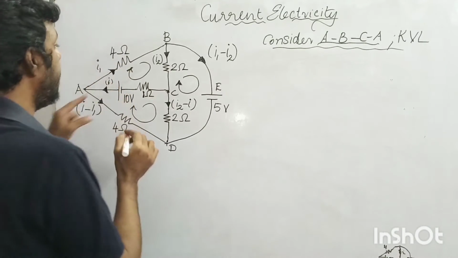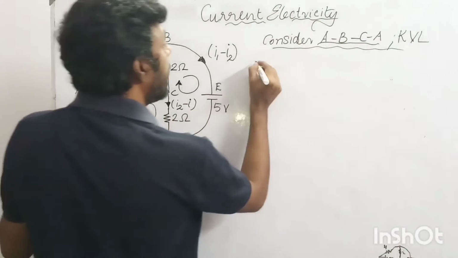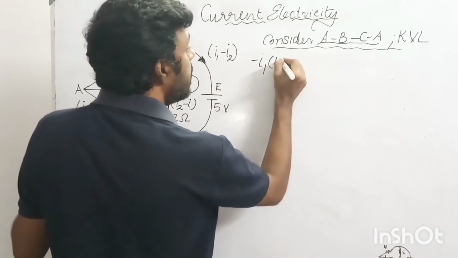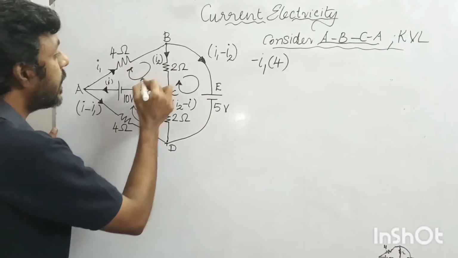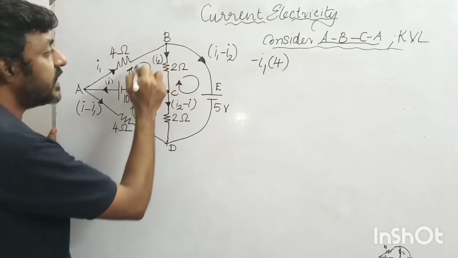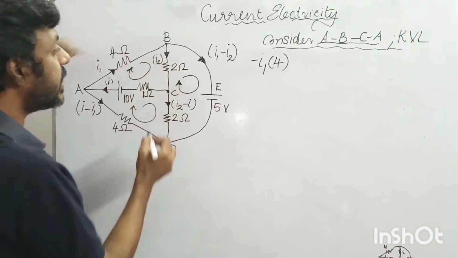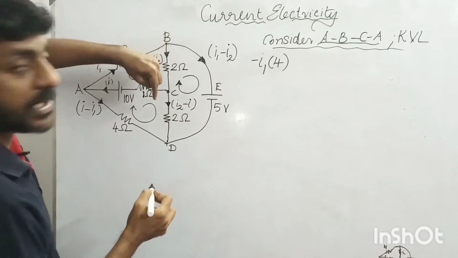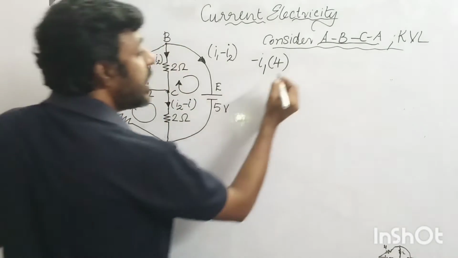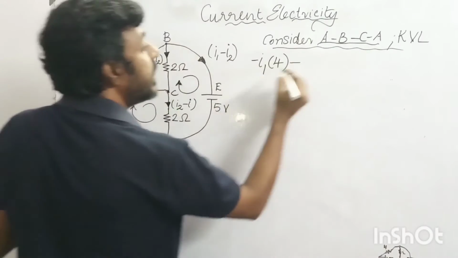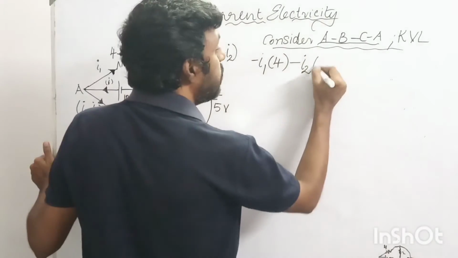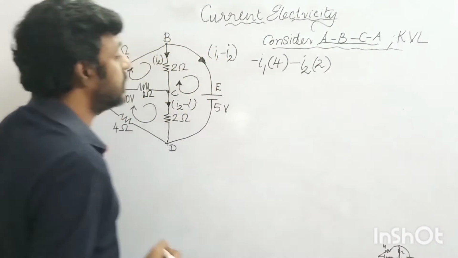So my value will be minus I1 into the value of the resistor. Again I am rotating in the clockwise direction, and I encounter another current I2 which is flowing along with me. So again I introduce a negative sign, put the value of current I2, and multiply it with the value of the resistor, that is 2.